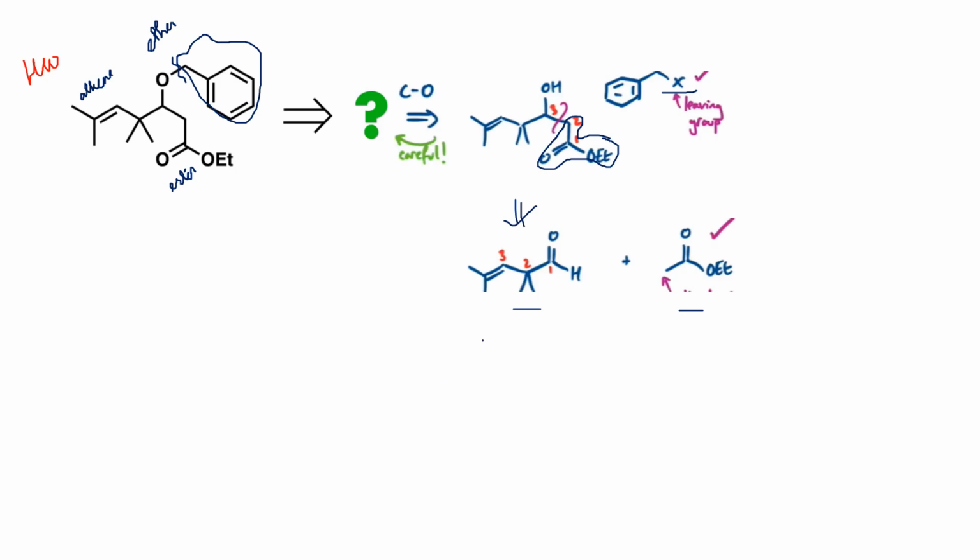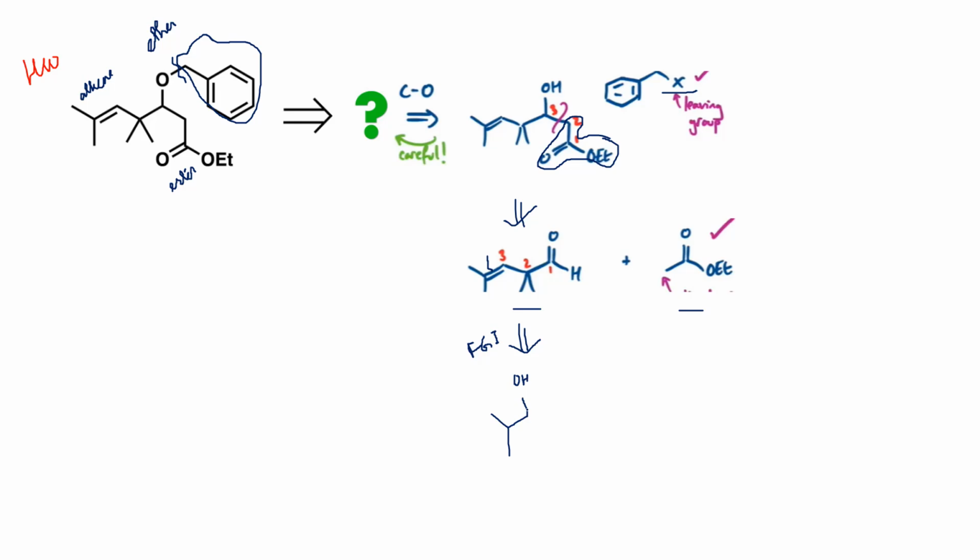Now this can also be synthesized. If you plan the retrosynthesis of this compound, this is also a 1, 2, 3. Whenever there is a 1, 2, 3 substitution, you can break one bond of this alkene, do a functional group interconversion, and incorporate an OH group here.